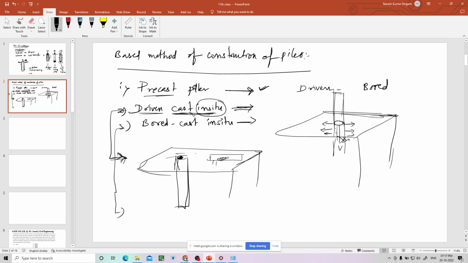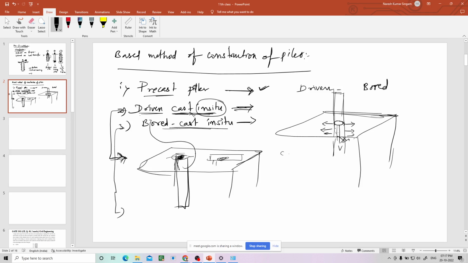The hollow cylinder will be installed by driving, so because of that it is called driven. After installing that hollow cylinder, in that hollow portion we will pour the mixture of cement and aggregate, all those things. You can say reinforced cement concrete will be poured once you drive the hollow cylinder. That is called driven as well as cast in situ.